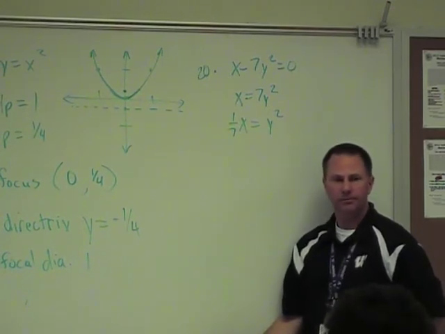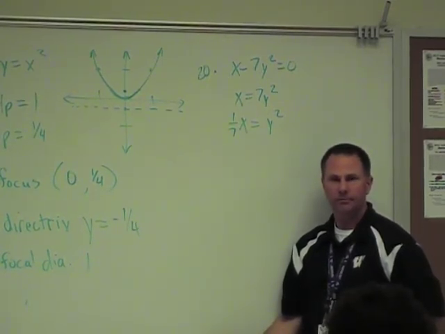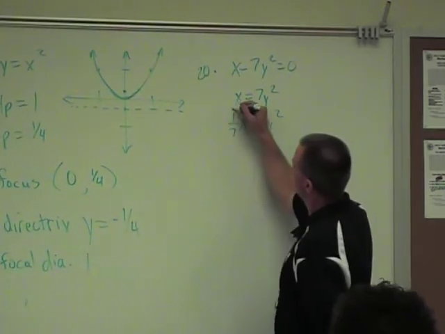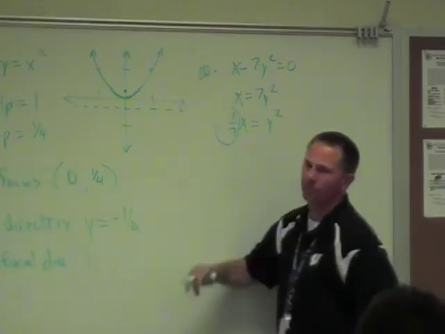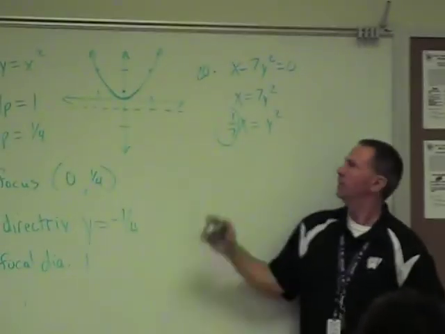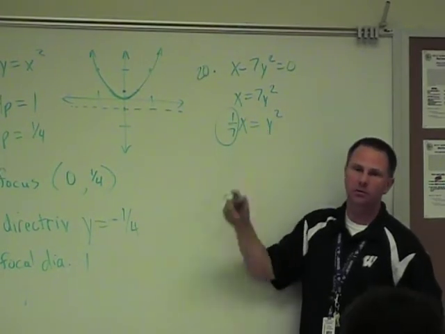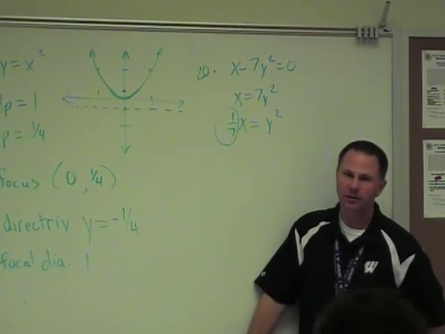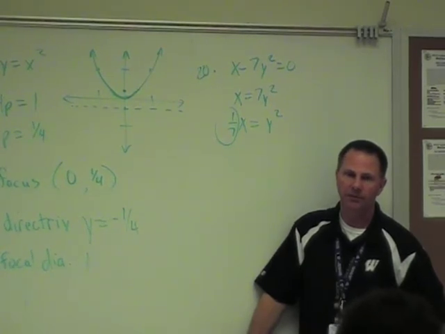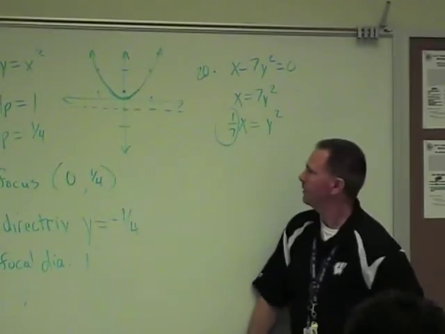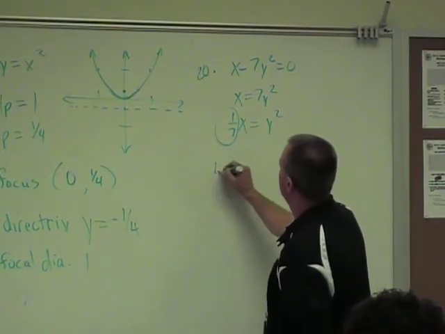This is how you should do it. Why can't you just leave them as 7? Because this position is what 4p equals. This has to be a 1 to identify 4p. That's why you have to do step 1 that way. Okay?